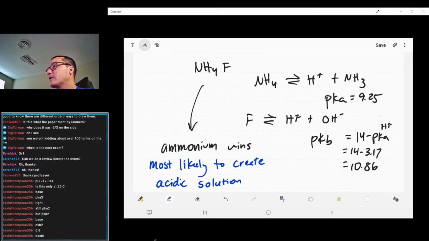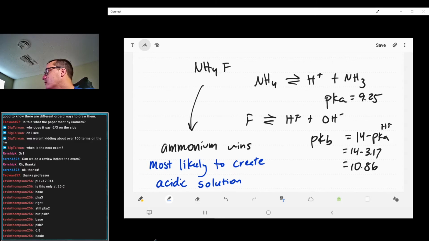And so let's see if we can look up ammonium fluoride. Let's see if we have any kind of fun stuff with this. Anything exciting here that we can see on its Wikipedia page?